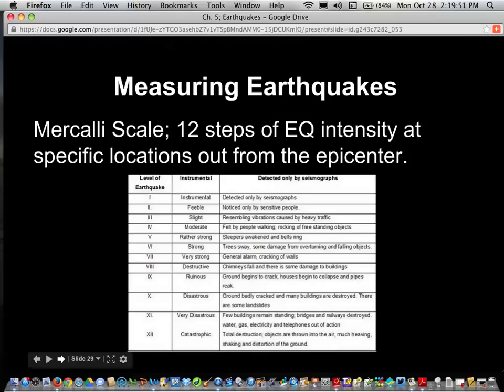So going from one end to the other, you get a range of damage, and when you see that damage, you know it's that level of earthquake. So it's not an actual measurement per se, but really a visual measurement. It's not using a scientific instrument, just visual inspection to figure out the strength of the earthquake.